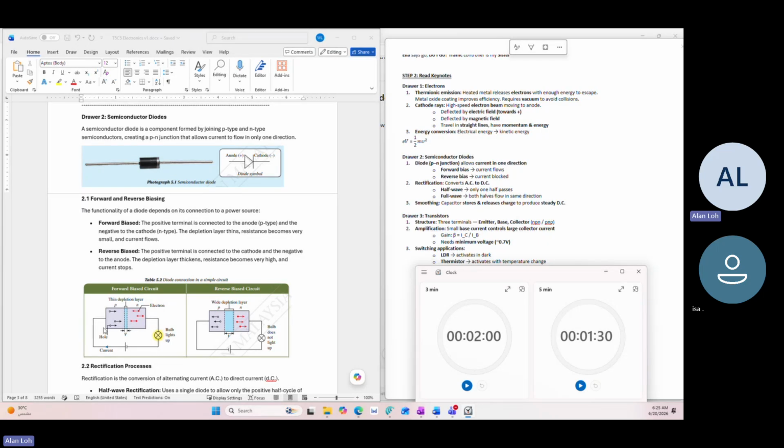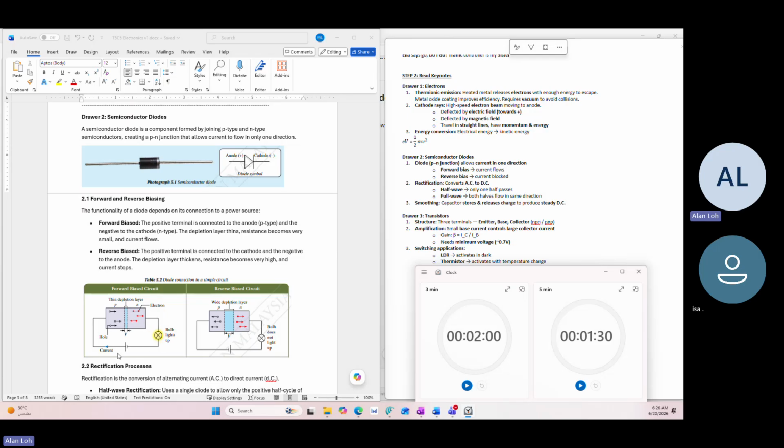How do you read this diagram? This part is the battery, right? Battery, the longer side is positive, the shorter side is negative. And the current is flowing from positive to negative, right? So positive is this longer side and negative is the shorter side. So you see the current is going from positive to negative, right?